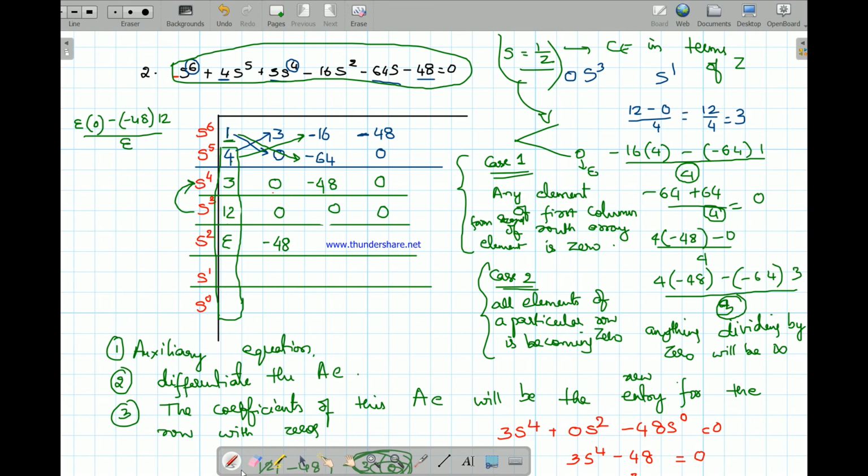So this s power 1 element will become 576 by epsilon.